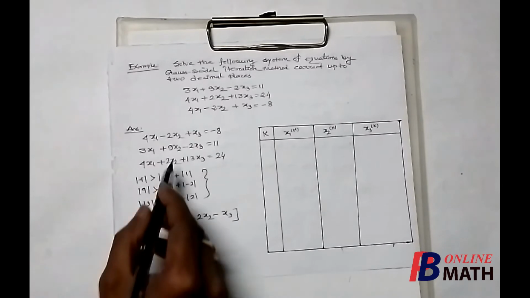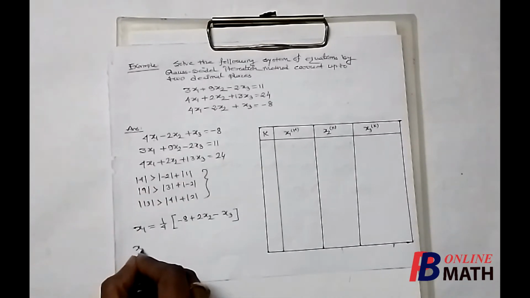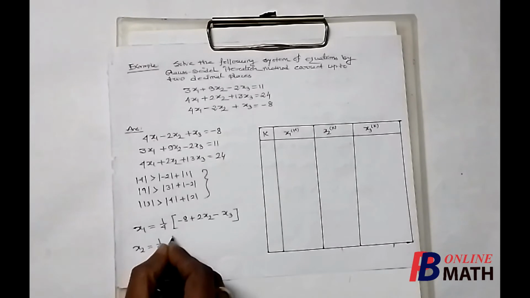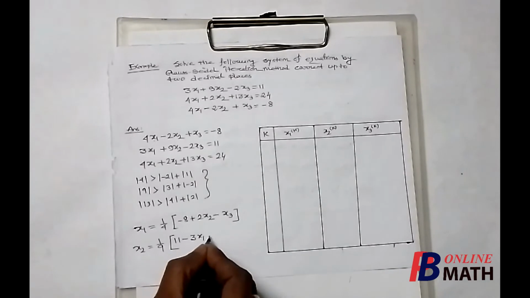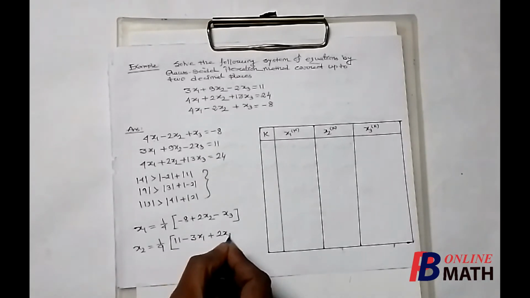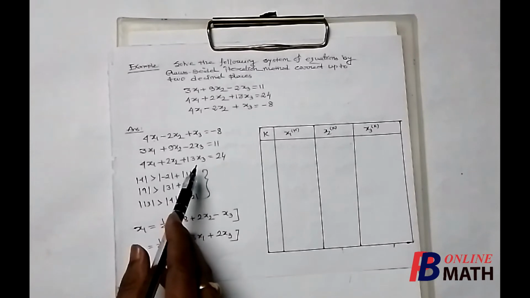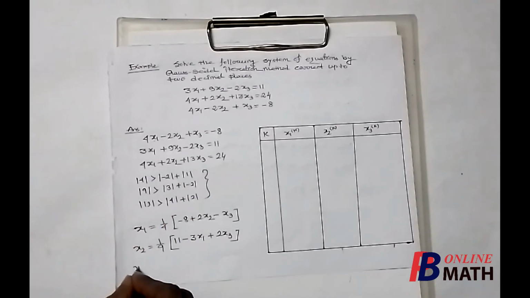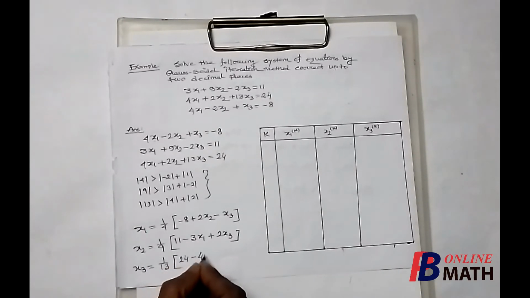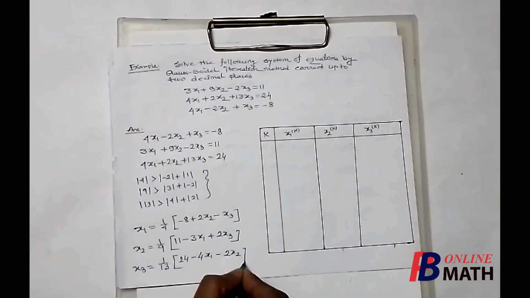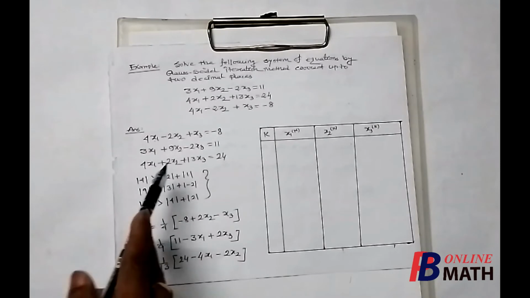The second equation can be written as x2 equal to 1 by 9 multiplied by 11 minus 3x1 plus 2x3. And the final equation can be written as x3 equal to 1 by 13 multiplied by 24 minus 4x1 minus 2x2. So we have converted these three equations in this form.